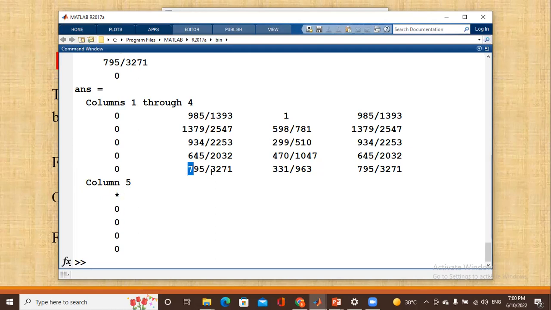Now this value indicates x equal to 0.25 and t equal to 0. This value indicates x equal to 0.5, t equal to 0. Then x equal to 0.75, t equal to 0. So this is the discretization.